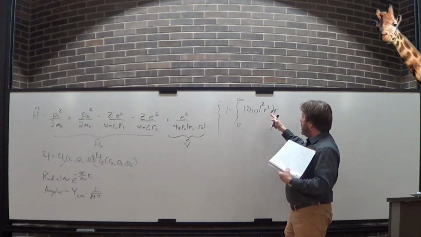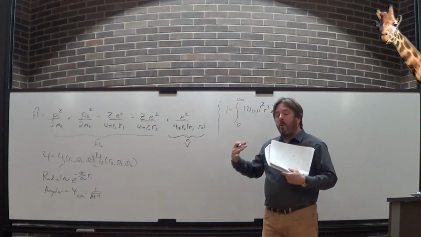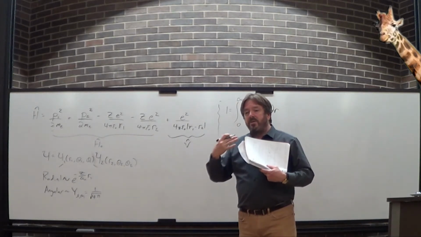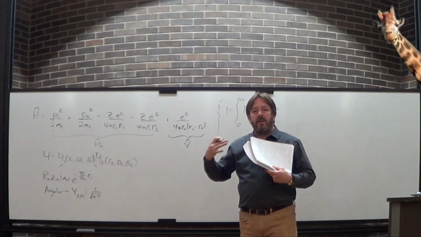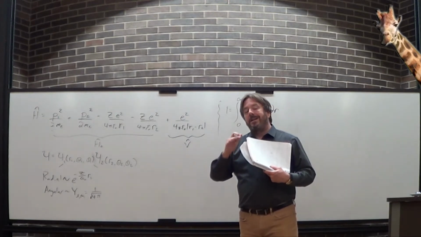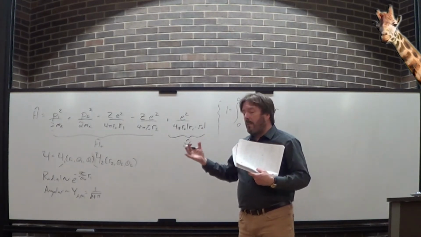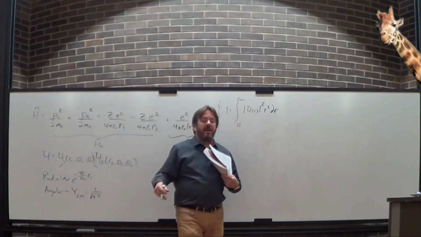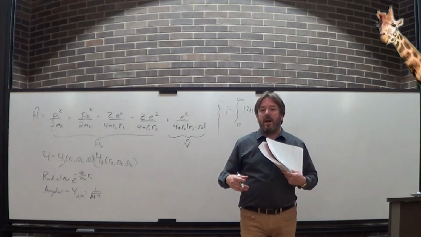You get an r squared for the radial part and a 4 pi for the angle parts, because you usually just integrate the Jacobian and you get a 4 pi. You can't do that when you have atomic wave functions, because they have angular wave functions. You can't just integrate them as though they're not there.